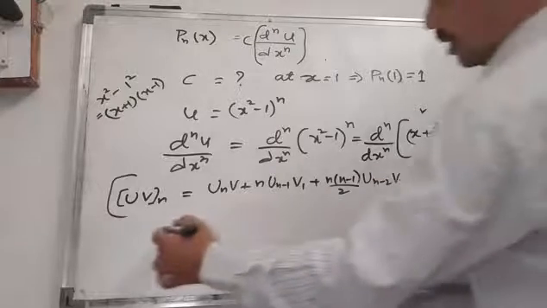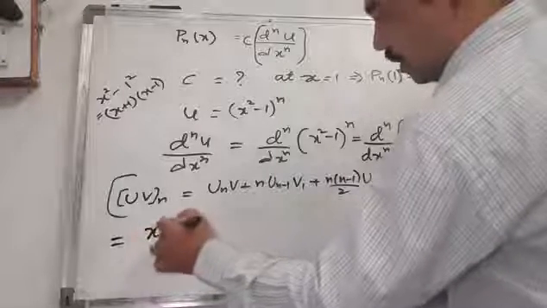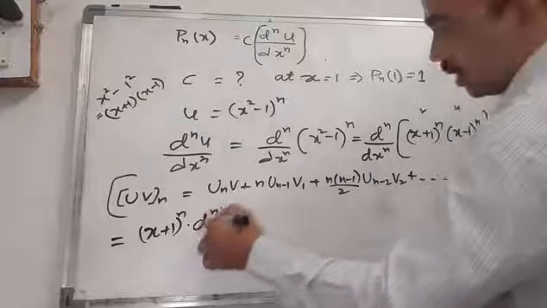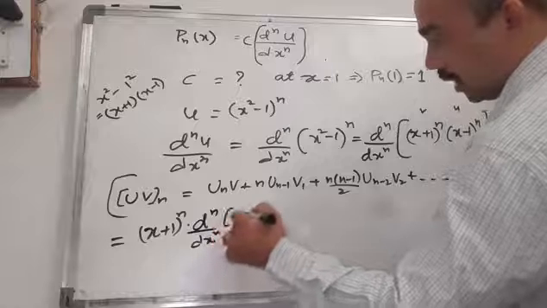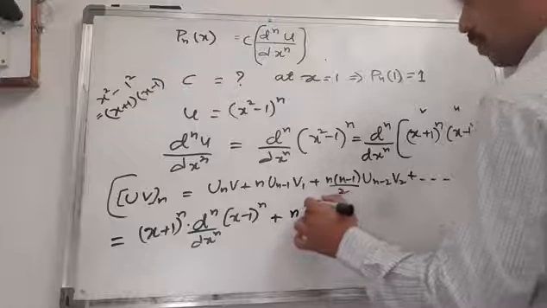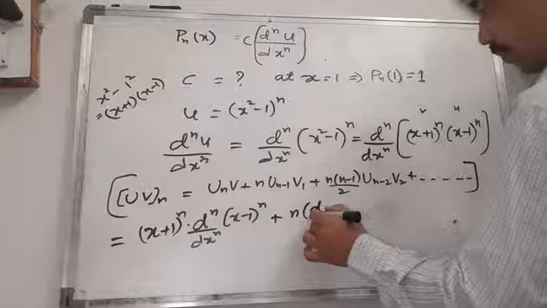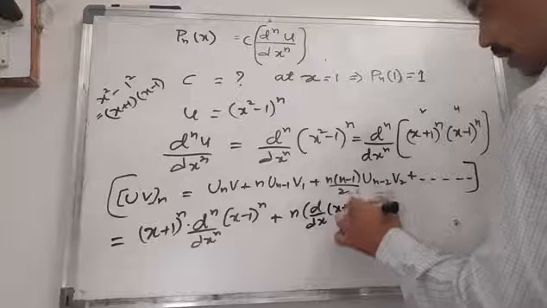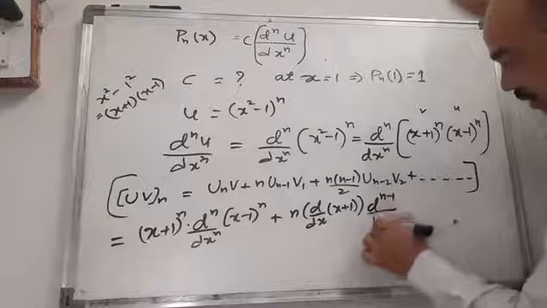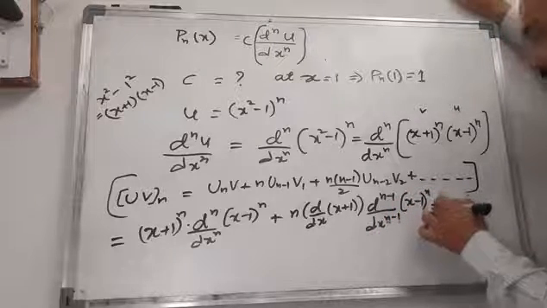Now what you will get is: (x plus 1) whole power n into the nth derivative, that is dn by dx power n of (x minus 1) whole power n, plus n into d by dx of (x plus 1) into the (n minus 1)th derivative of (x minus 1) whole power n, plus and so on.